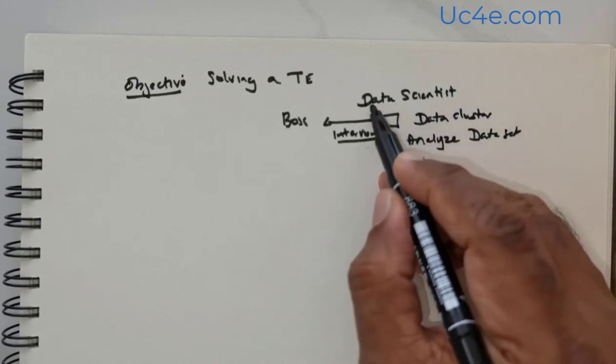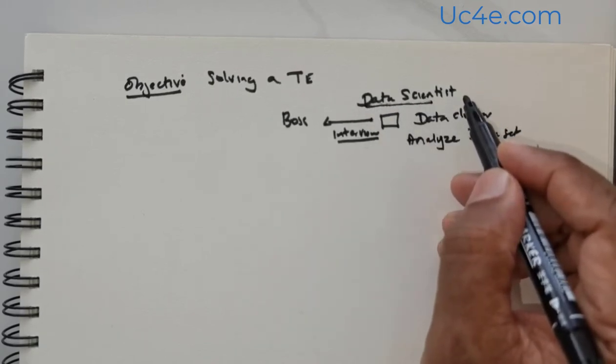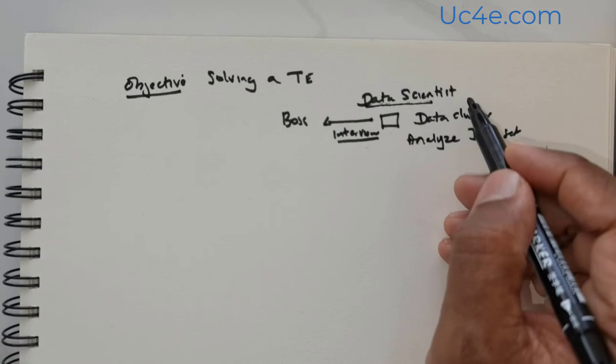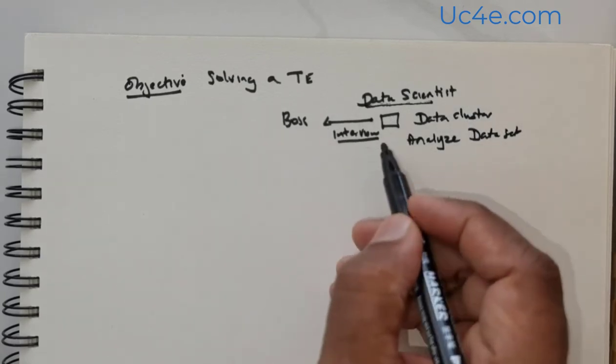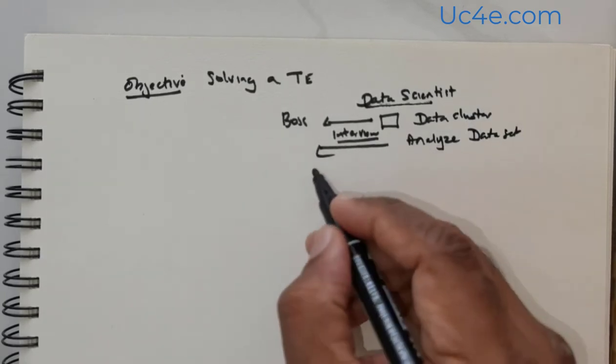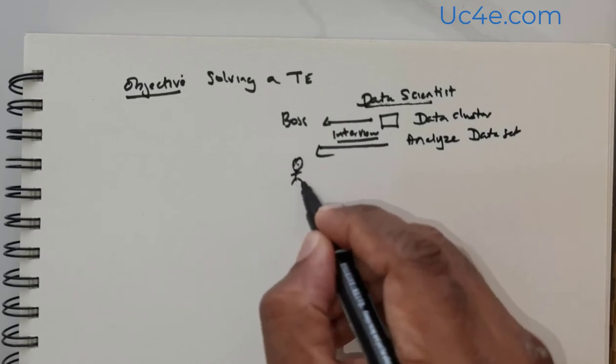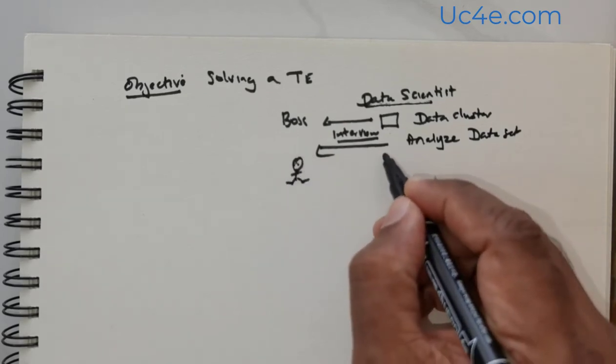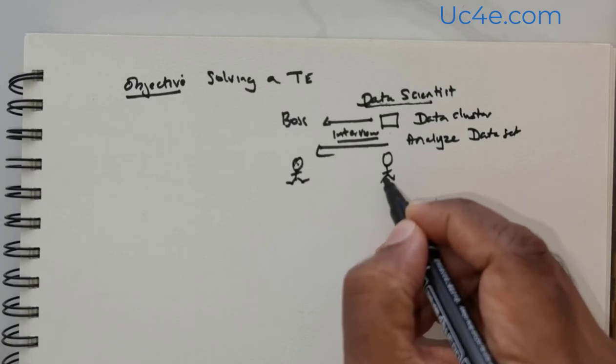So immediately the data scientist poses the question back to the boss. Let me just draw these two people here. You've got the boss here and you've got the data scientist.